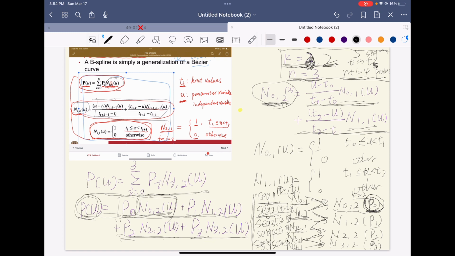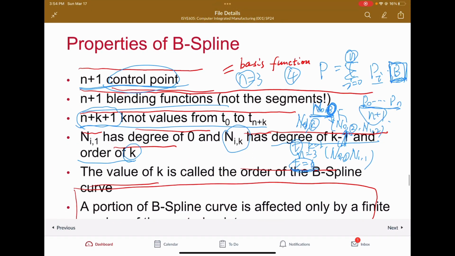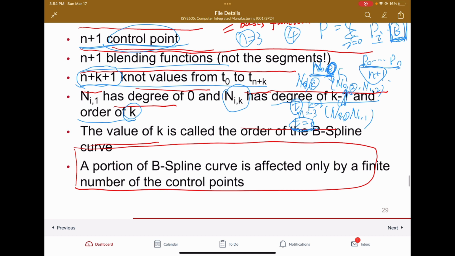The rest of them, like 3, 4, 5, will be the same. So if you change the P values, you will not affect the whole curve, but just some of it. Based on this, we have the ability to do local control, because changing one or several control points will not affect the whole curve, but just some area.